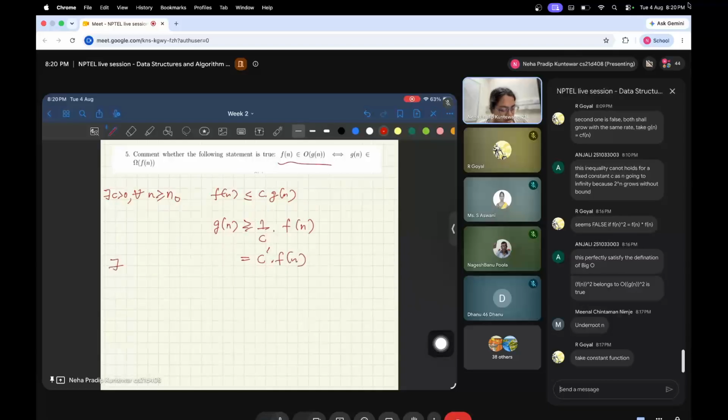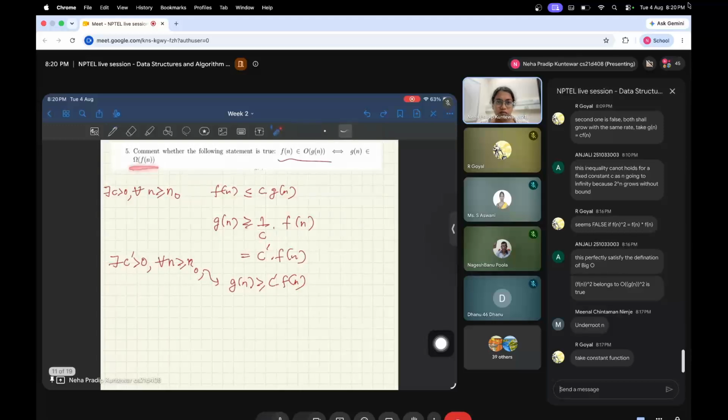So there is a c prime greater than 0 such that for all n greater than or equal to n0, g of n is at least c prime times f of n. So for this reason, I think this should be the definition of omega of f of n.